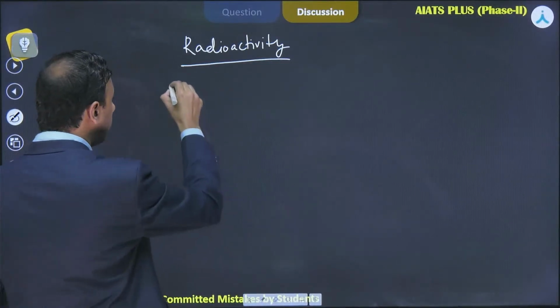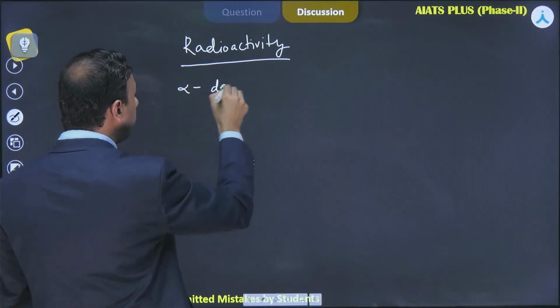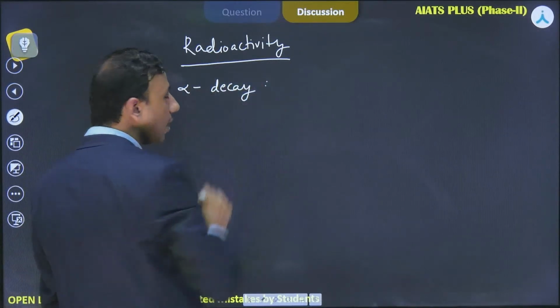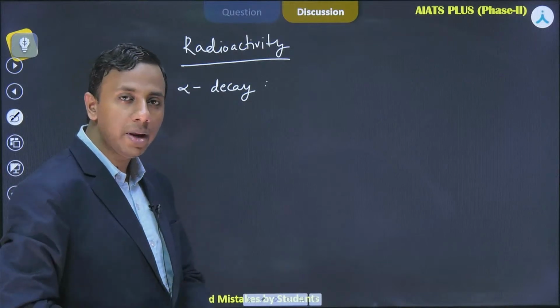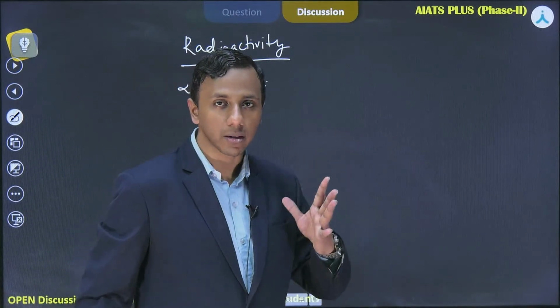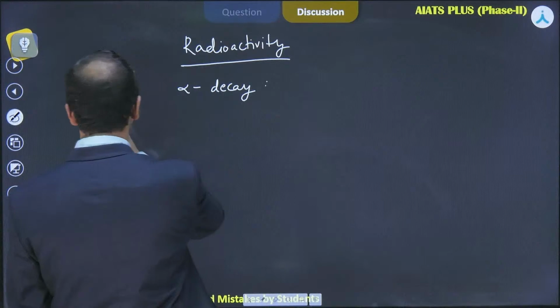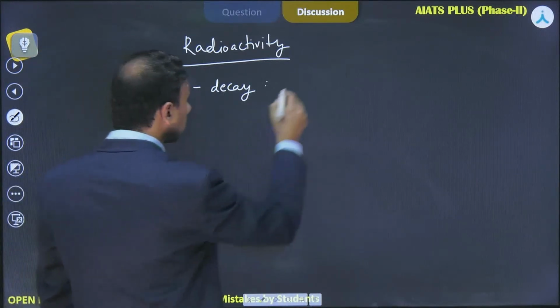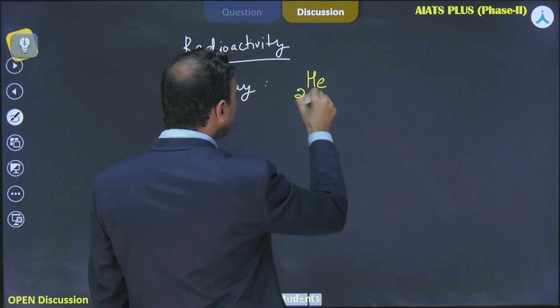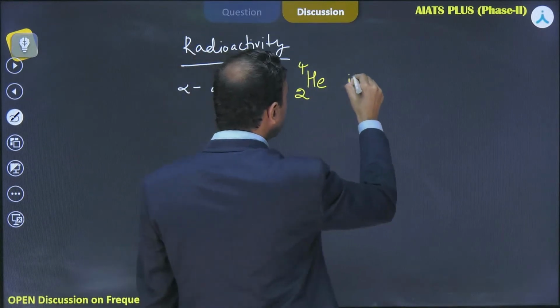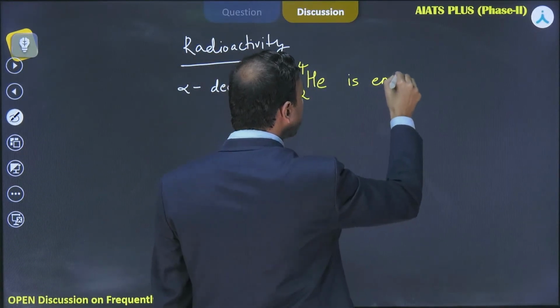For example, one decay they can ask about is alpha decay. Alpha decay means the helium nucleus is emitted, so the 2He4 nucleus is emitted.